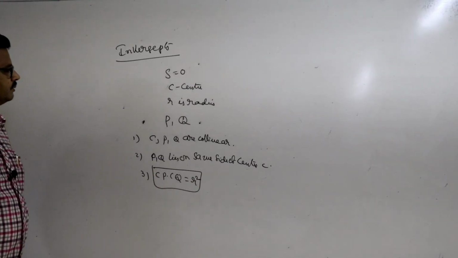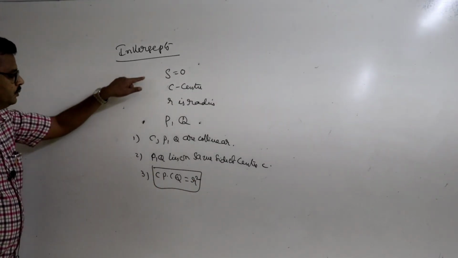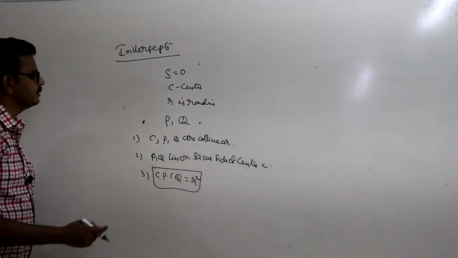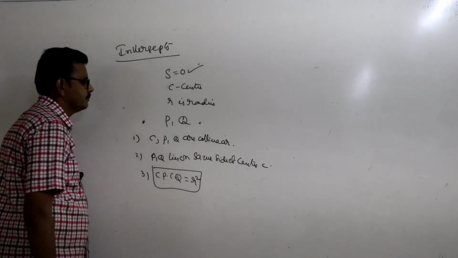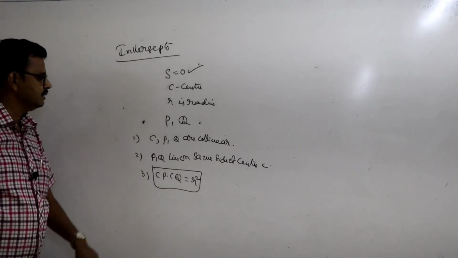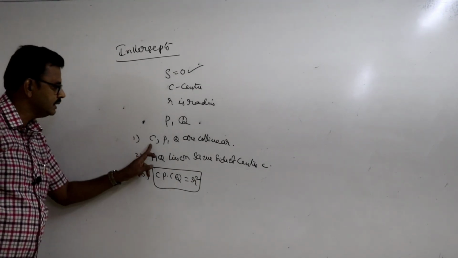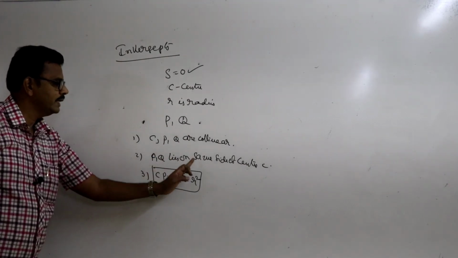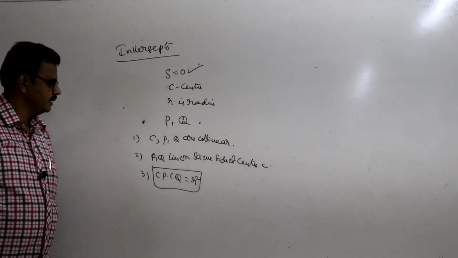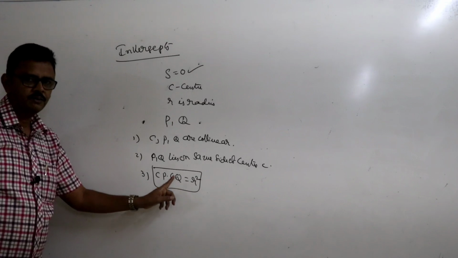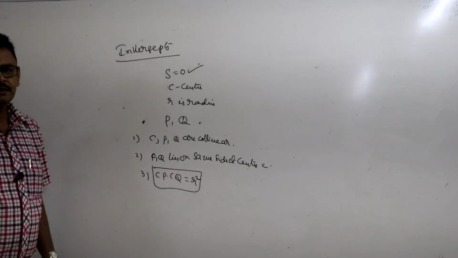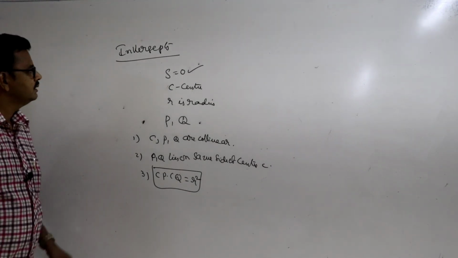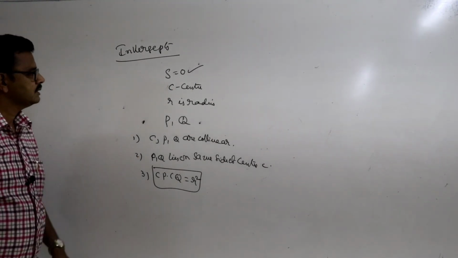Two points P and Q are said to be inverse points with respect to the circle S = 0 with center C, radius r, if C, P, Q are collinear and P and Q lie on the same side of the center C such that CP into CQ is equal to r square. Then we say that the points P and Q are inverse points.